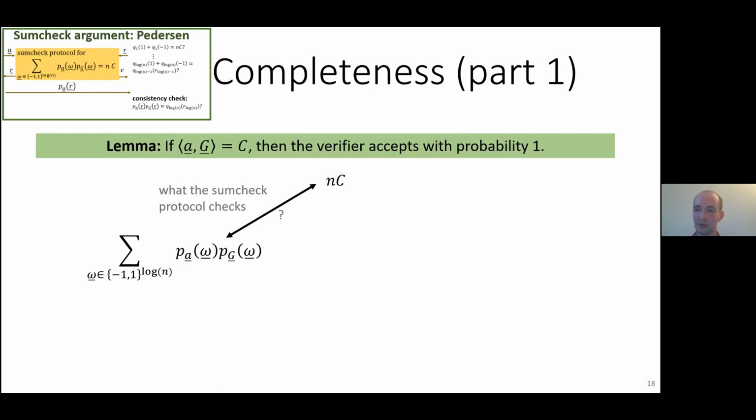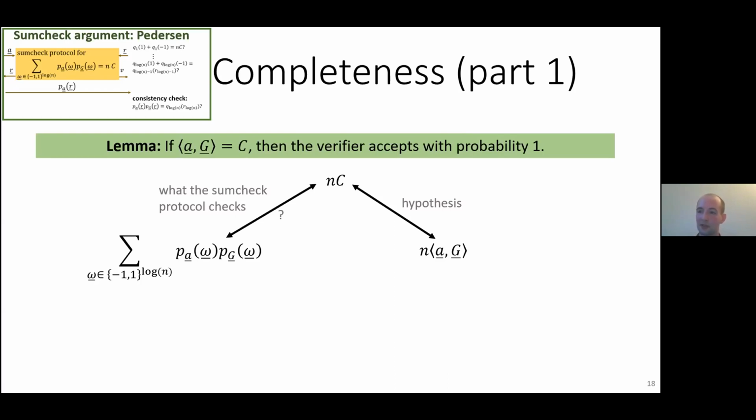What the sum check protocol in the previous slide is checking is that a sum of polynomial evaluations is equal to n times the original Pedersen commitment. And if the prover is telling the truth and this scalar product relation between the message and the key and the commitment holds, then, by hypothesis, we also know that this equality holds here.